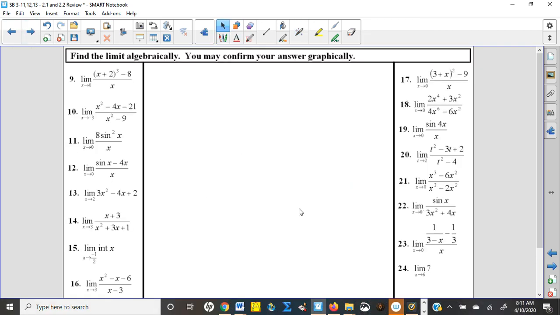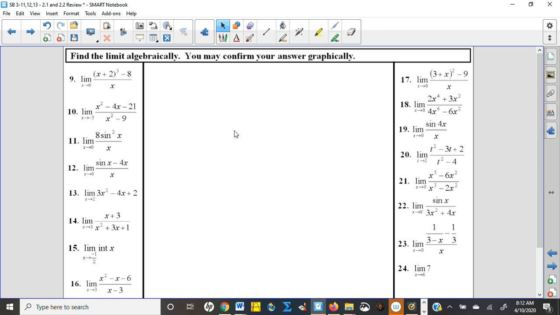Yeah, no questions at all on this set of problems where you were evaluating limits algebraically. You can certainly confirm them graphically at home, since it's kind of an open note, open calculator quiz. But sometimes you can just use substitution and put your number in and simplify it.